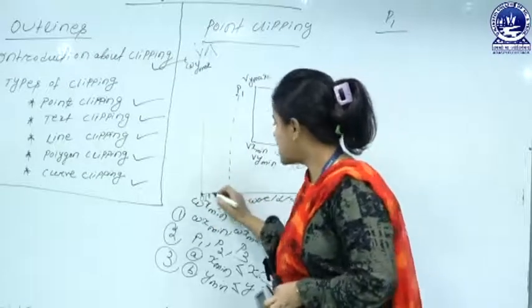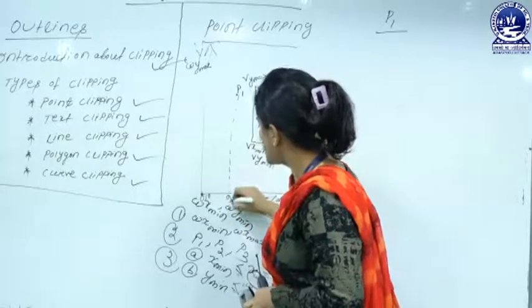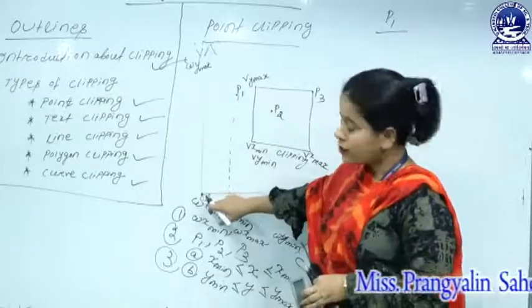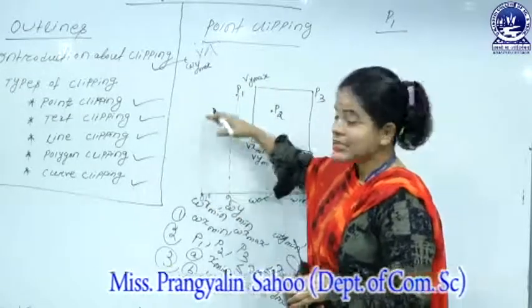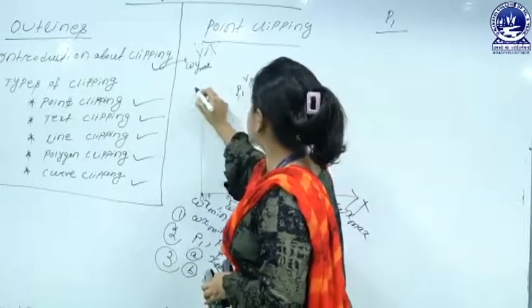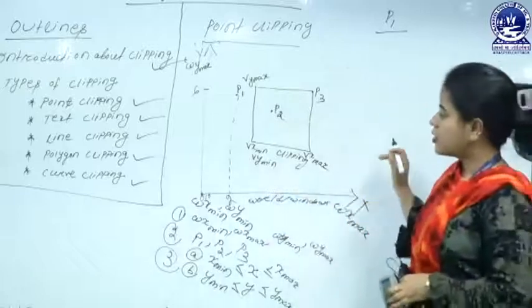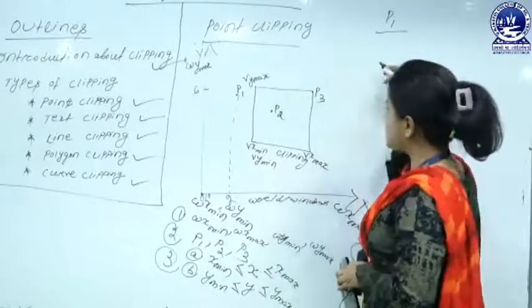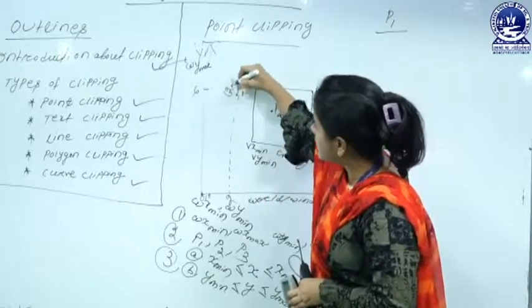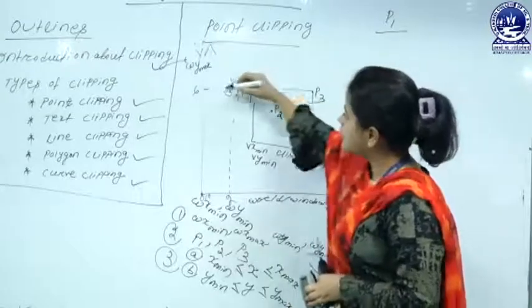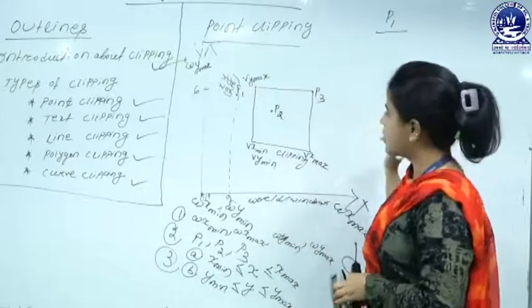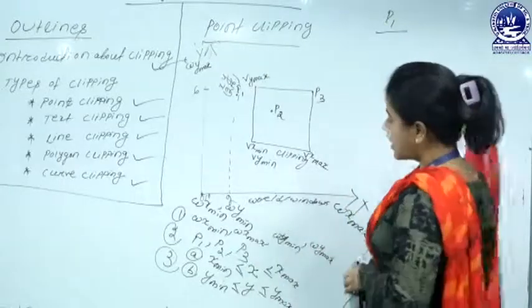The x coordinate is 2 and the y coordinate is 6. Now we check by using the given 2 conditions.